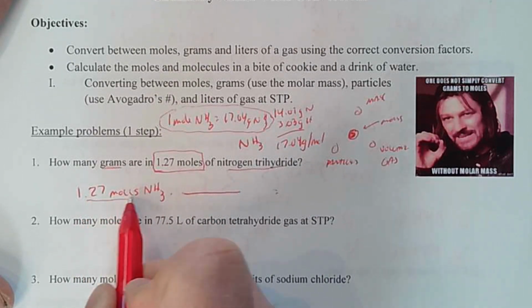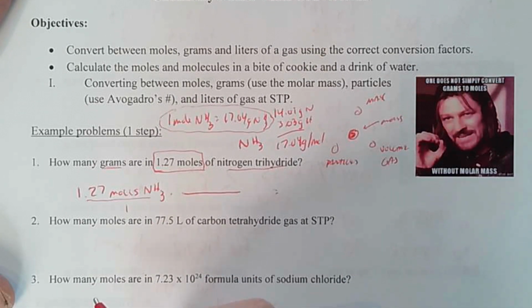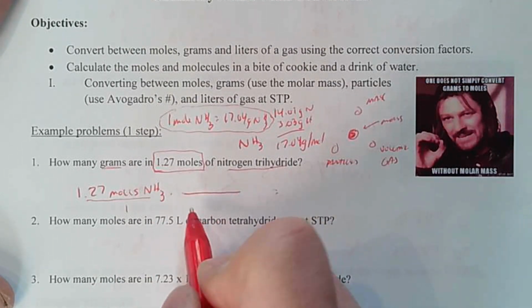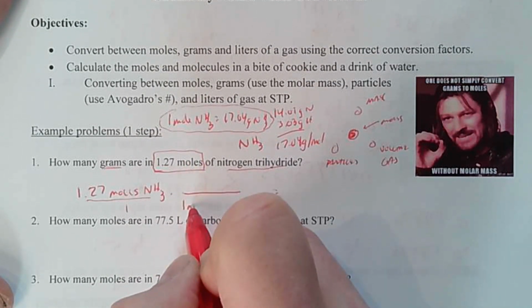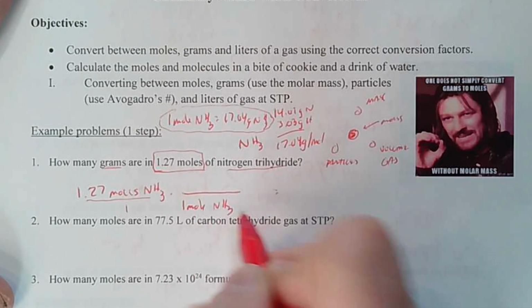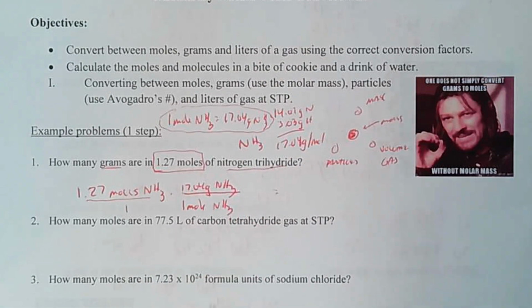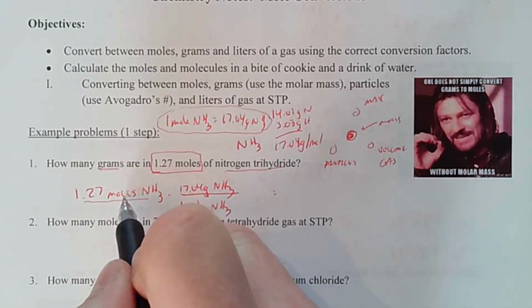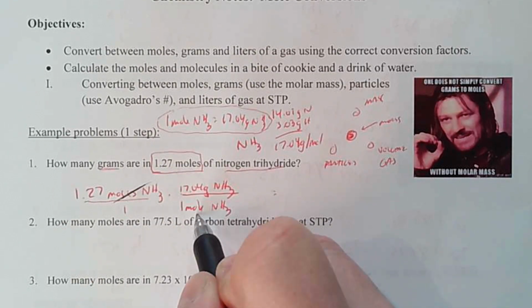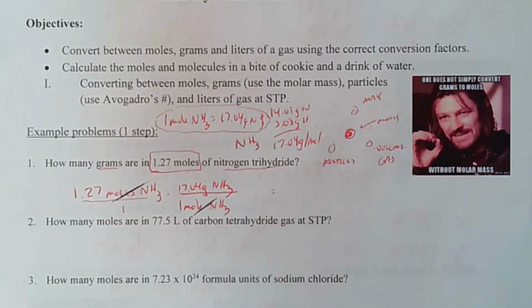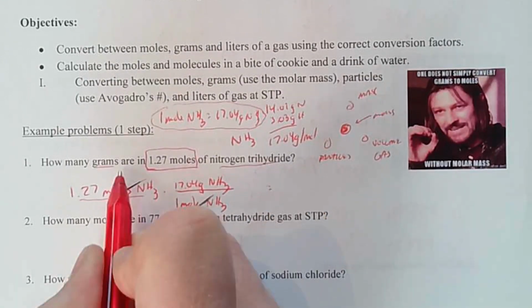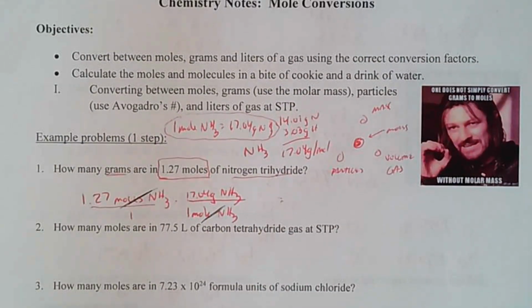You can think of this as being just over 1, if that helps. So I need to put the 1 mole portion down here, and the 17.04 grams of NH3 goes up there, so that I can go back and check my work: moles cancels out with that moles, and I'm left with grams, which is what I'm looking for. Then I just have to put that into my calculator.